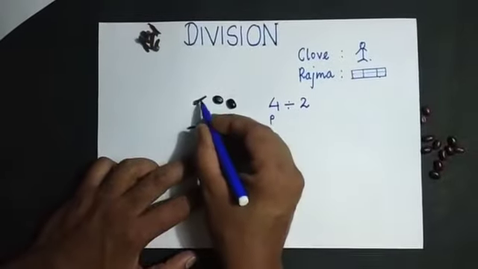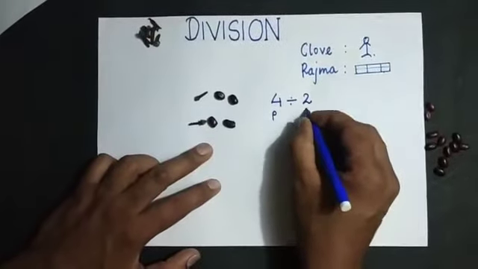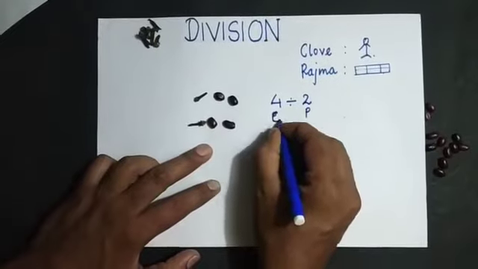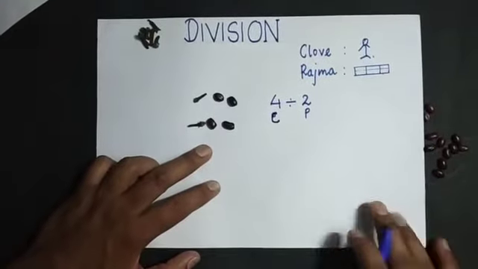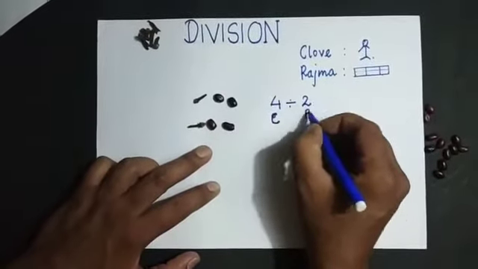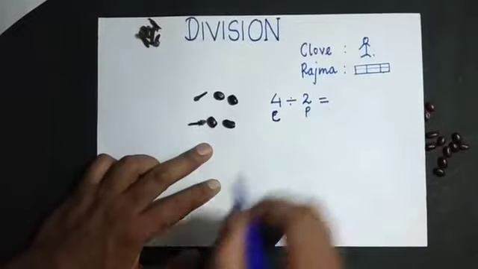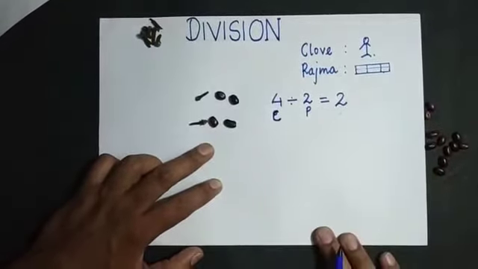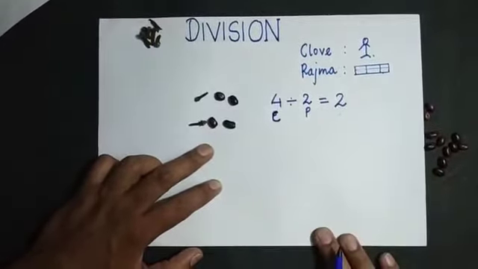Four chocolates are there, two persons, and each person will get how many chocolates? Two chocolates. Is that clear?